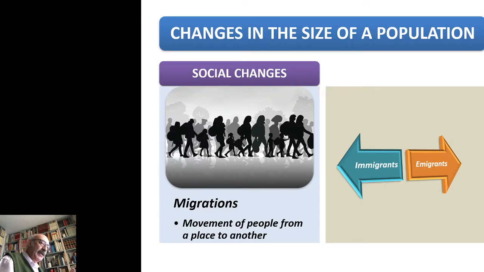And emigrants are people from Spain that go abroad. 10 years ago, 12 years ago, many young Spanish people went abroad to make a living, okay? Because there was a very severe, a very hard economic crisis in Spain, and many young people went there looking for a job. So remember the difference between immigrants and emigrants.